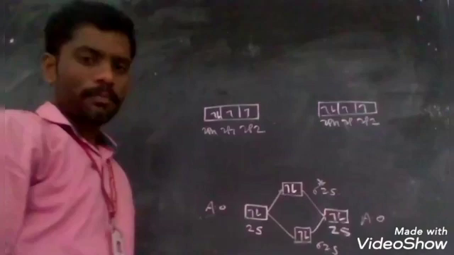That means 6 minus 2, which is 4, and half of that indicates that the bond order of oxygen molecule is 2. This indicates that there are 2 bonds present in the oxygen molecule: oxygen double bond oxygen.